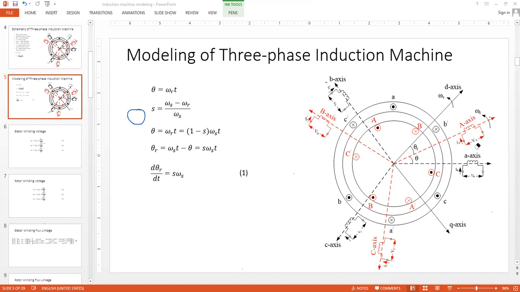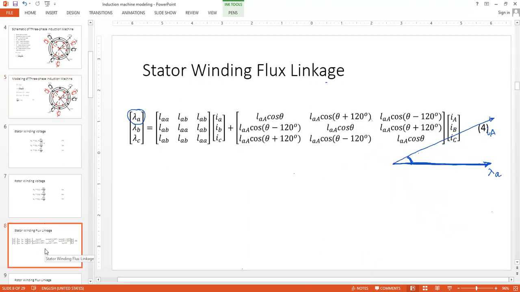We are looking for the flux linkage along this A axis due to the current flow in this axis, isn't it? So in this axis we have I capital A, and along these axes I am looking for lambda A. So what's the relation? Cosine theta. Get the idea? They have a phase difference of theta, and you take this component, you get the cosine theta component. So LA is the magnitude and the corresponding angle gives cosine theta.